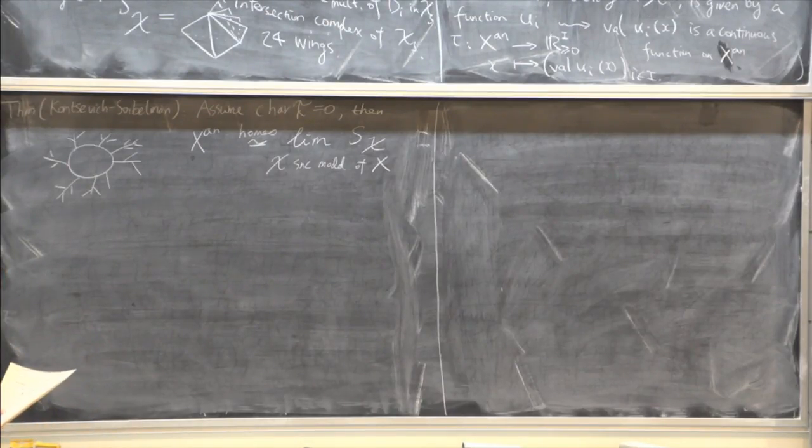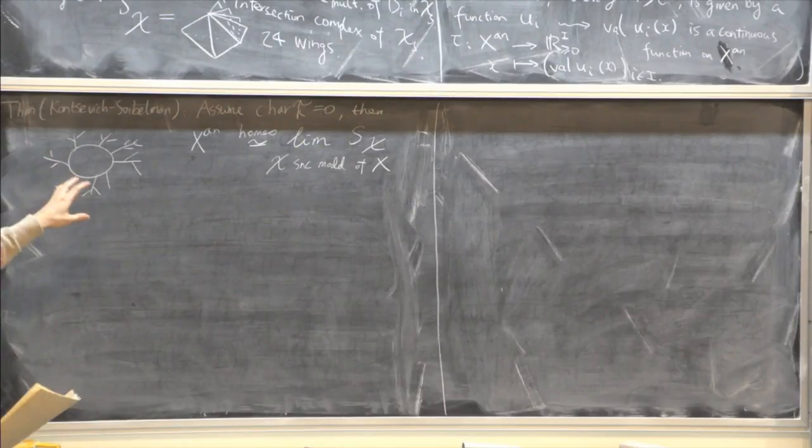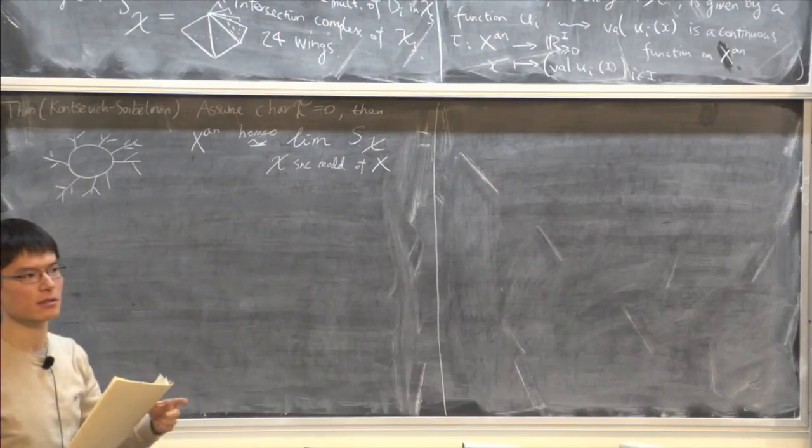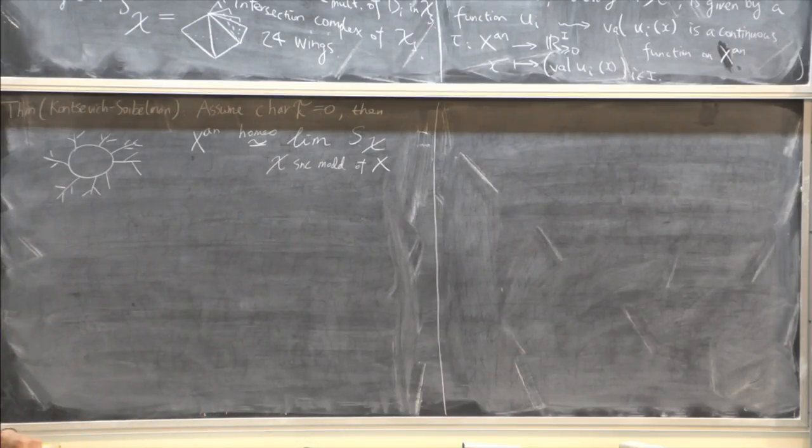Type 2 points. It depends on your ground field. If we do it over, say, C((t)), like we did the analogous thing in P2, then it's just the rational points. Yes. All branching happens at rational points, because you see it from the theorem. The branching comes from the blow-ups.